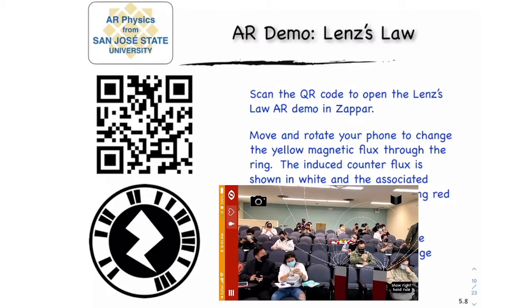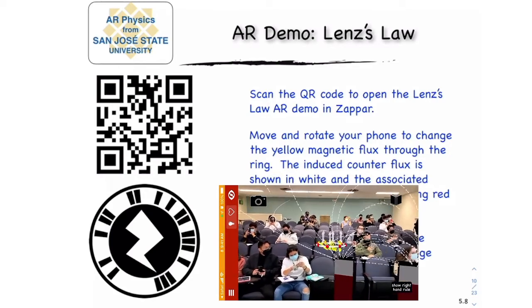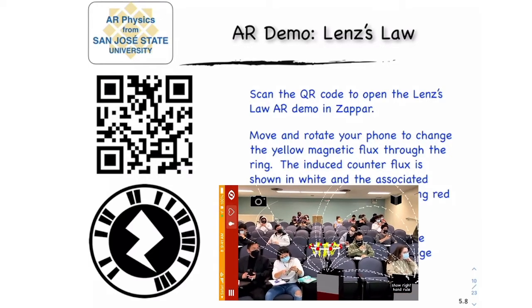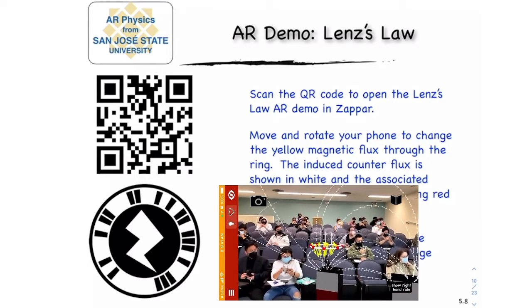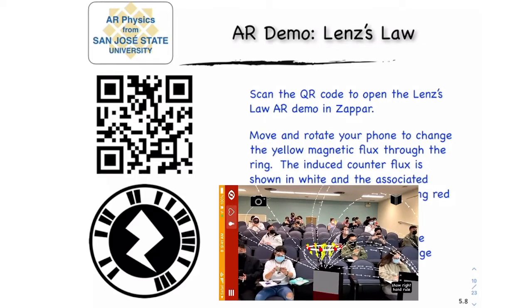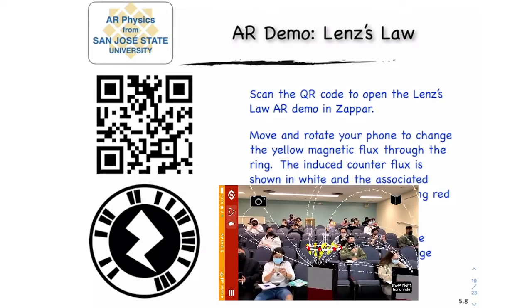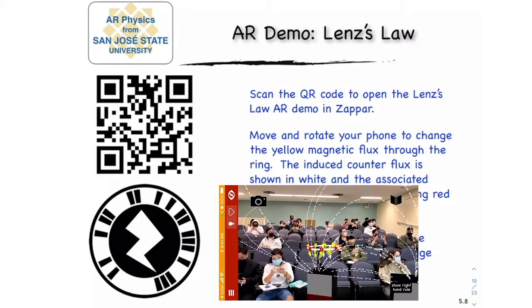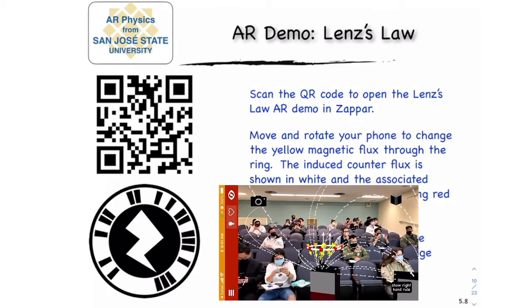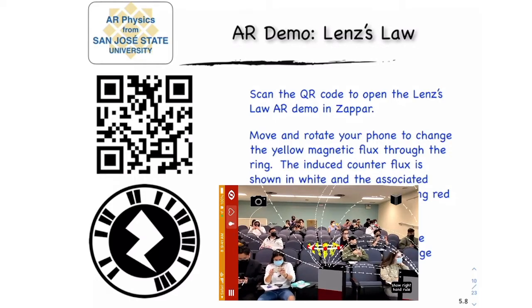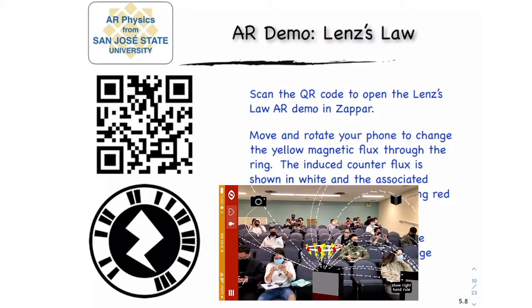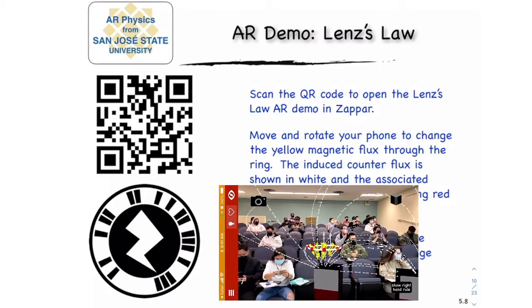And you will see some yellow arrows drawn through the loop. Those represent the field lines passing through the loop at the plane of the loop. So they measure the flux. So right now I have downwards flux through my loop. So just look at mine for the moment. I'll give you time to play with your own. We see downward flux through the loop.